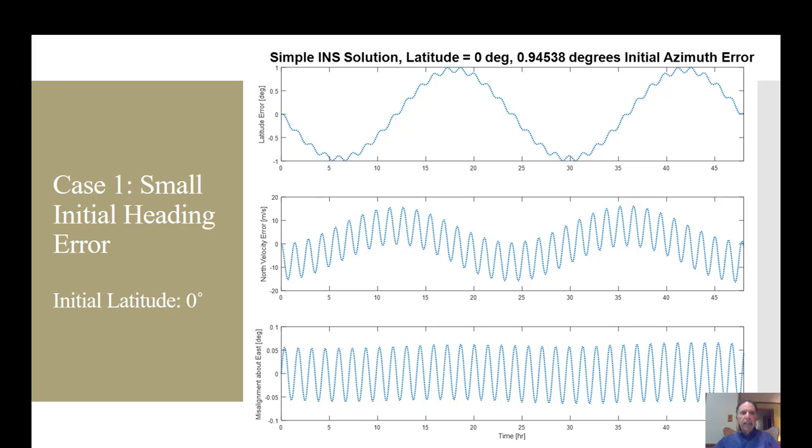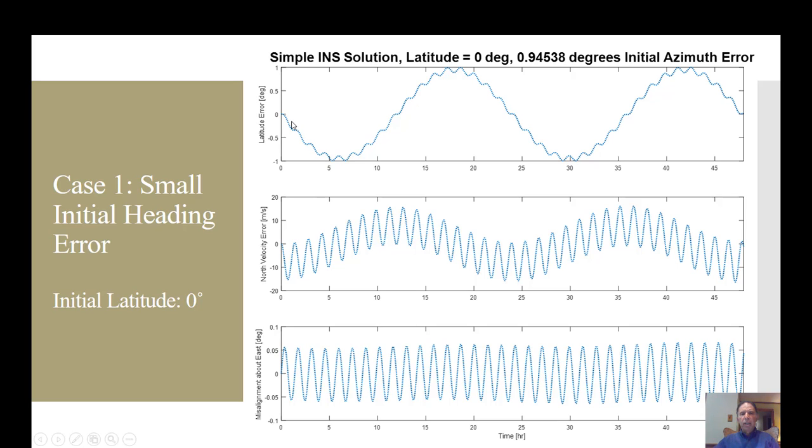Here is the same case, and we're taking a look at latitude error. And we see latitude error has the predominant minus sine omega t, where omega corresponds to 2 pi over T, where T is approximately 23 hours and 56 minutes.